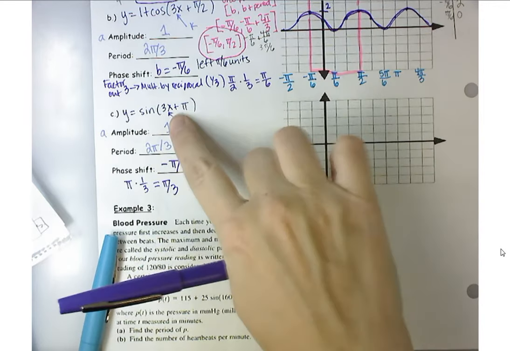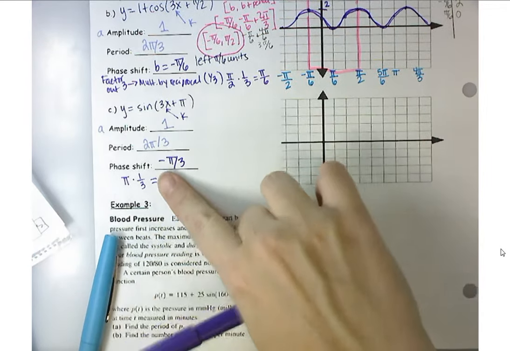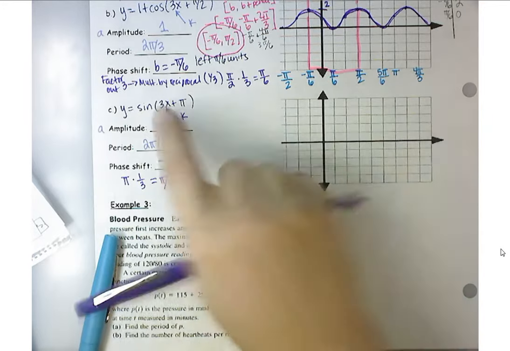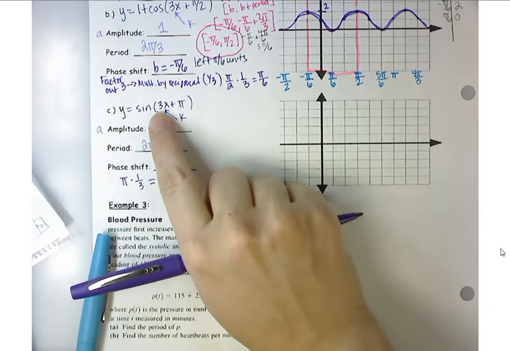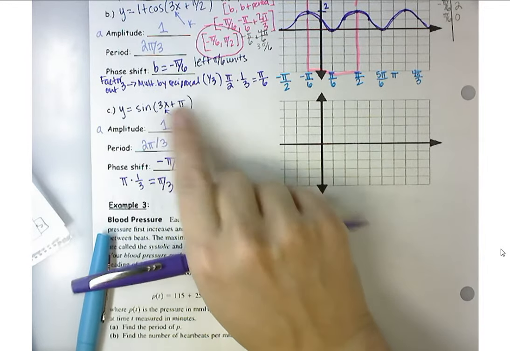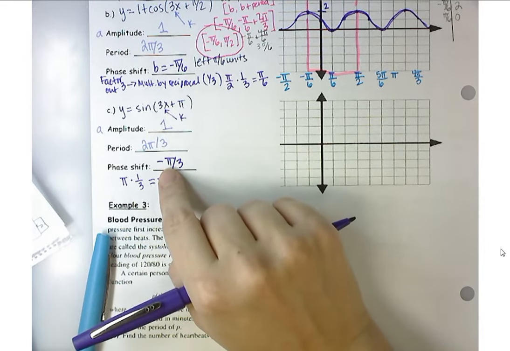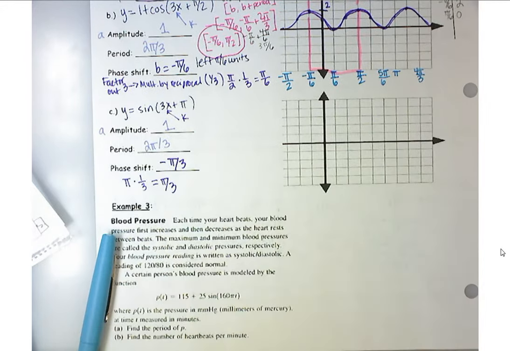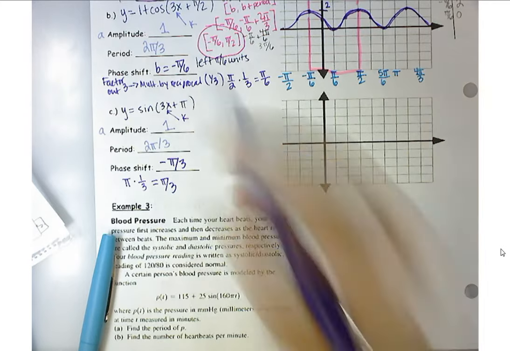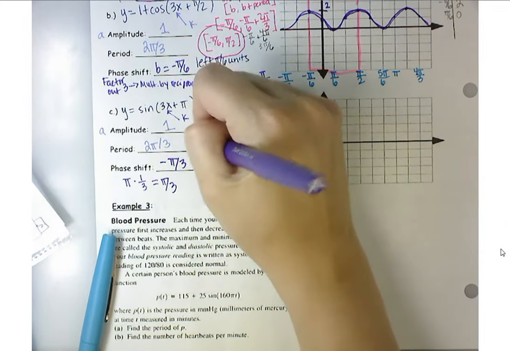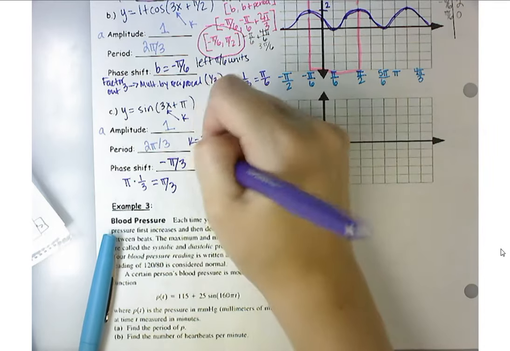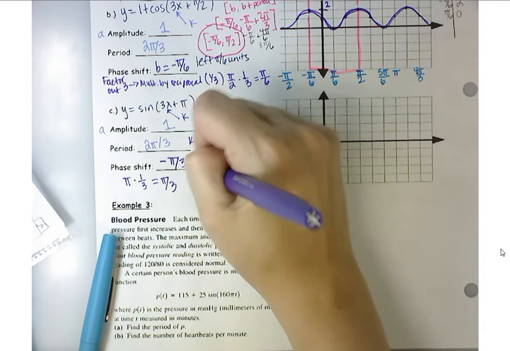Yep, if you have plus here, then you're going to have negative here. Now be careful because this could be a negative value. So if you take out the negative, that turns into a minus, which means this would be positive. Okay, so just keep that in mind as you do these. So your k value was 3, which is how we got this. So this means I'm going to be moving pi over 3 units to the left.